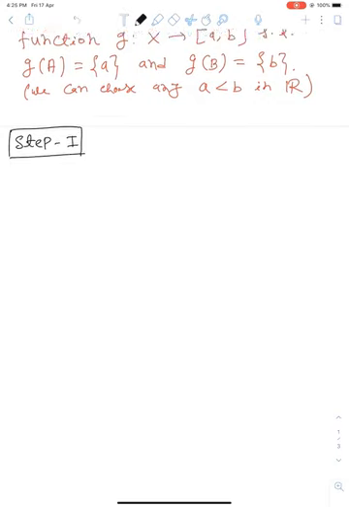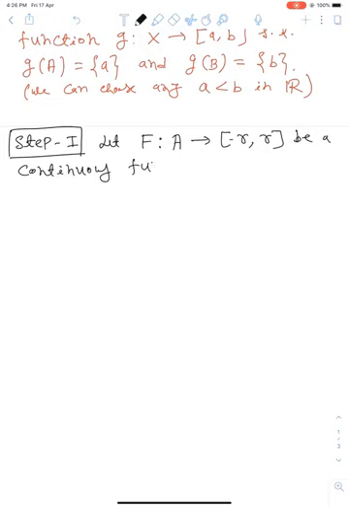So let capital F from A to [-r, r] be a continuous function. And what are my A and X? They are given.